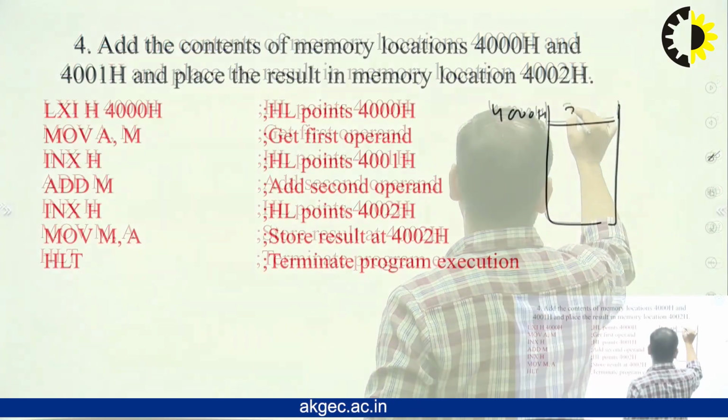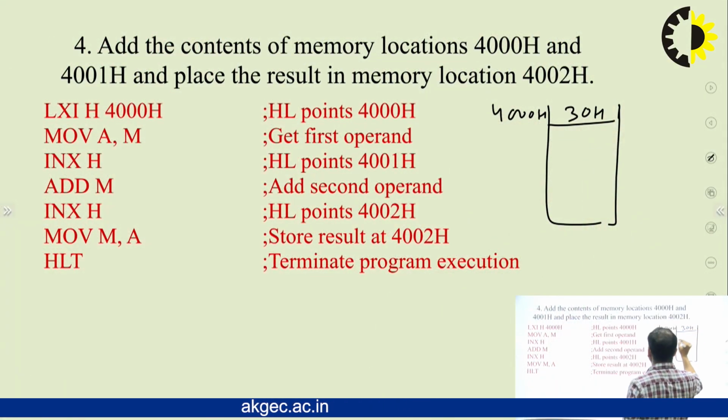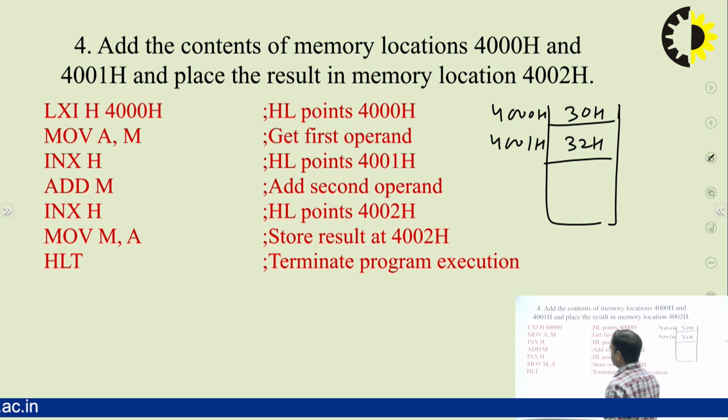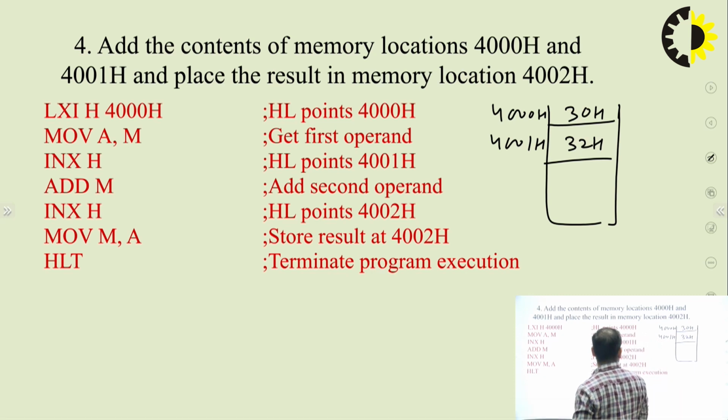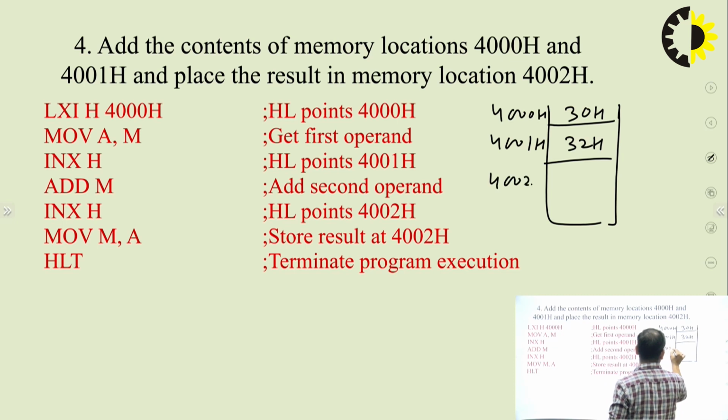Suppose this number is 30. Then in the second memory location 4001H, we have another number 32H. Then place the result in memory location 4002. It means the addition of these two numbers must be stored into this memory location.